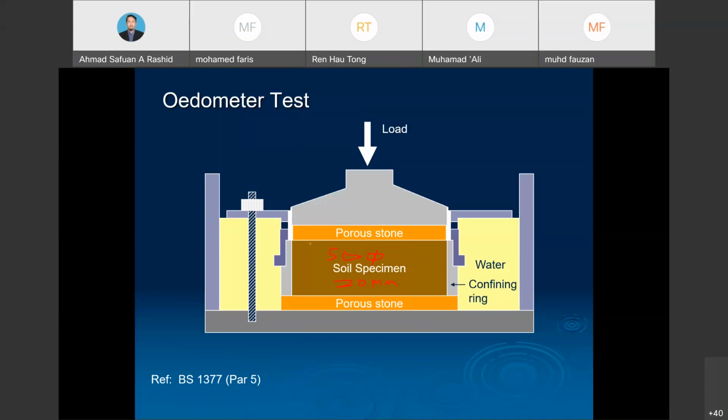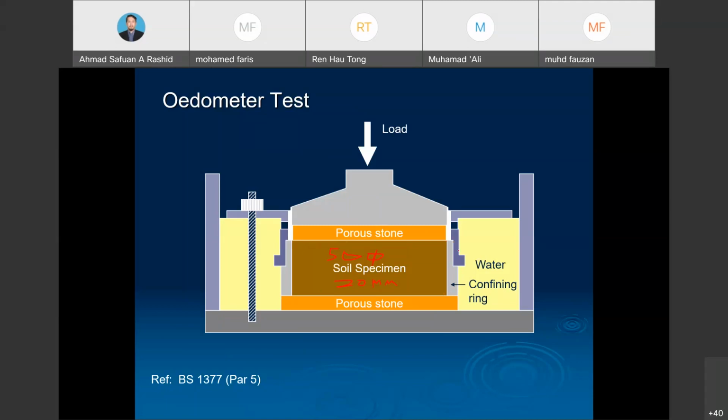Then we need to cut or trim the sample to fit inside this oedometer setup.